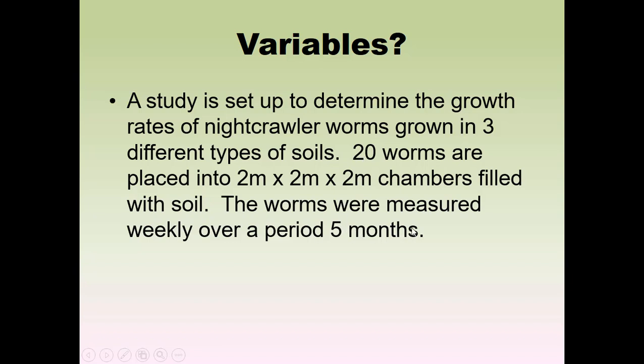The time period was controlled, so those would be controlled variables. Now, the independent variable, that's what we're testing here, that's what we're changing, is going to be the three different types of soils. That's our independent variable. Our dependent variable will be their growth rates. So the growth will be the dependent variable, how we measure these worms.